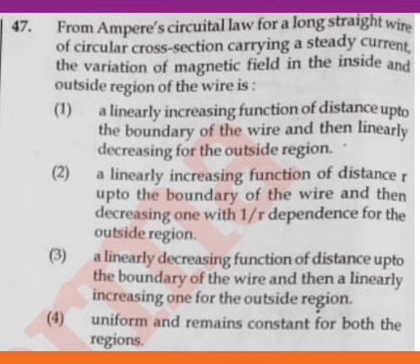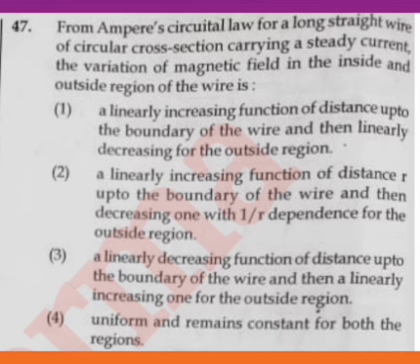From Ampere's circuital law, for a long straight wire of circular cross section carrying a steady current, the variation of magnetic field in the inside and outside region of the wire is option 1, a linearly increasing function of distance up to the boundary of the wire and then linearly decreasing for the outside region.